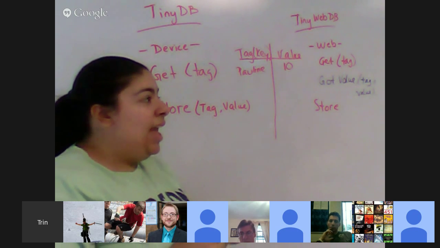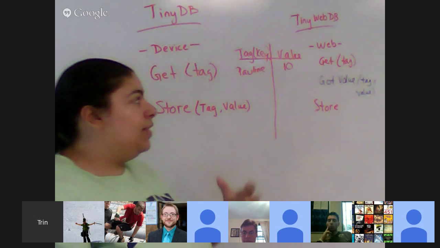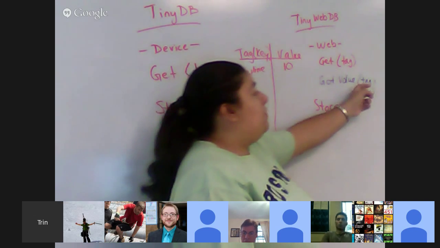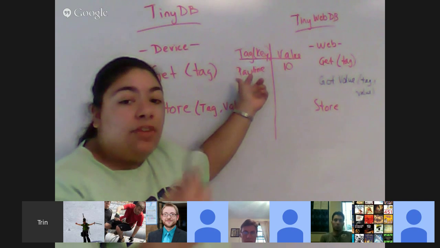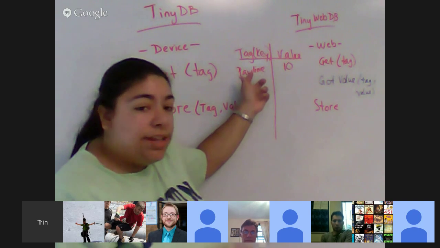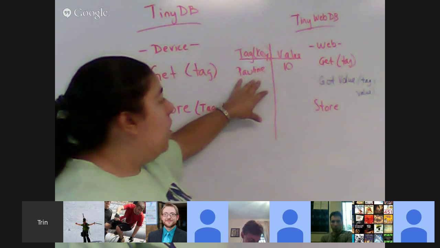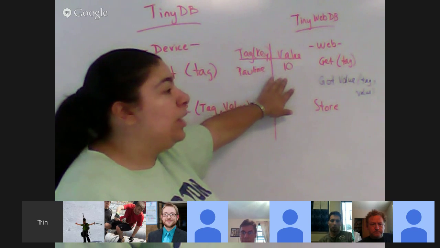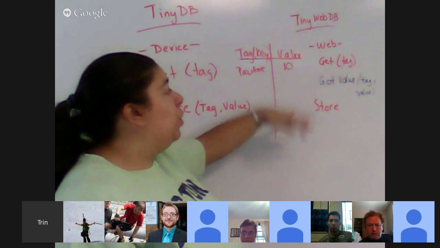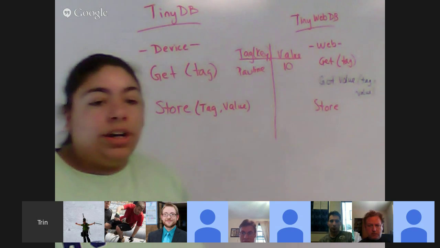So you can say, when I've gotten the value from the database, if the tag was Pauline, because it could be that you're getting other information back and you want to check what it is that was returned to you. So if the tag is Pauline, then I can set the score label to say Pauline's score was 10. That's the value. So it gives you more information.